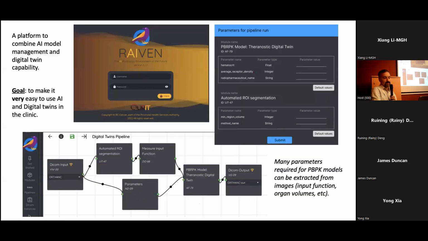So in our own group, we have this software, called Raven, that we're trying to use to combine AI model management and digital twin capability. The reason we developed Raven is that we as researchers work on the AI frontier, and then the clinicians are here, and there's this big wall between us, because I can show you what I'm doing, but he or she wants to see what you've done on their own workstation.